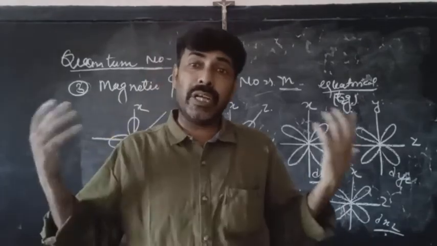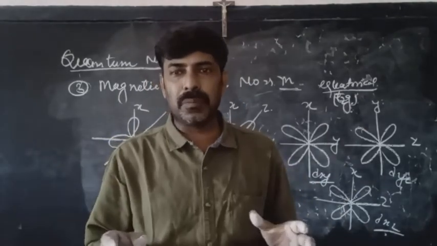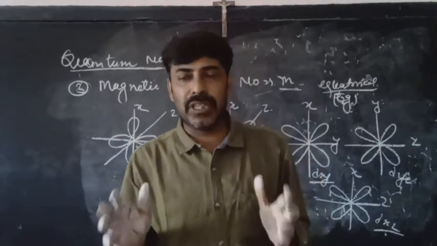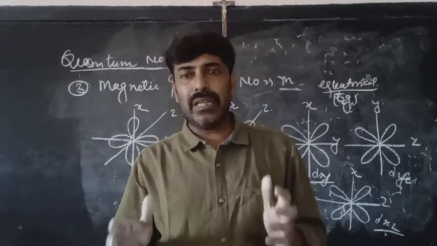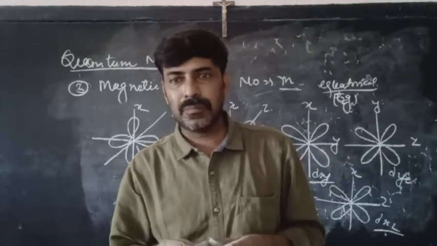And drawing the 7 different orientations on this blackboard is almost impossible. This is the reason we never show the orientations of the F-subshell. Just know that there are a total of 7 orientations in the case of the F-subshell.